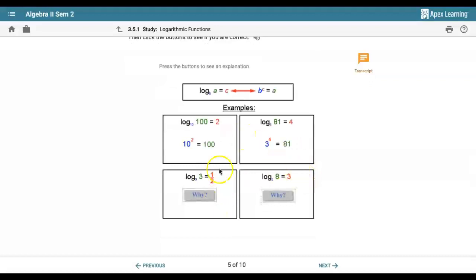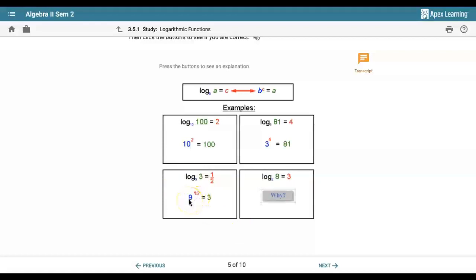Now, if we get smaller numbers, this is where it might get a little bit trickier. Log base 9 of 3 equals 1/2. This is like saying 9 raised to what exponent will give me a value of 3? As we found out, 1/2 is like saying square root.